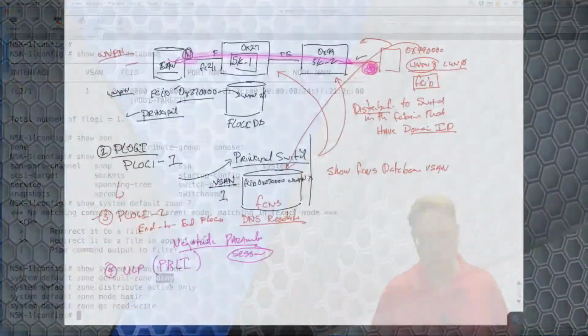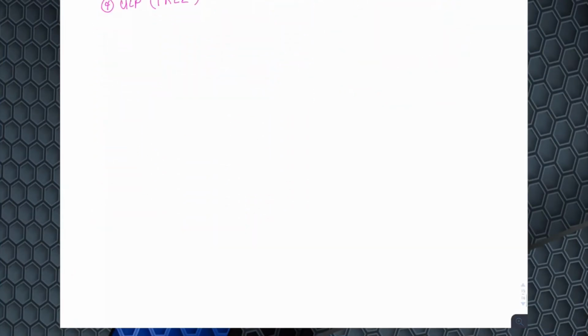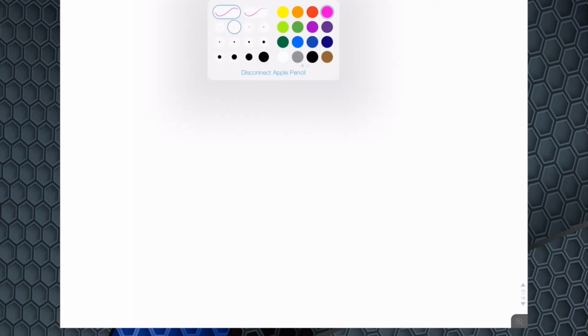Now I'm going to implement a zone. But I want to talk about zones, first of all, from the perspective of my whiteboard. Zones allow devices to talk to one another. So let's play like we have the world's smallest SAN fabric, i.e. a fabric of one switch.